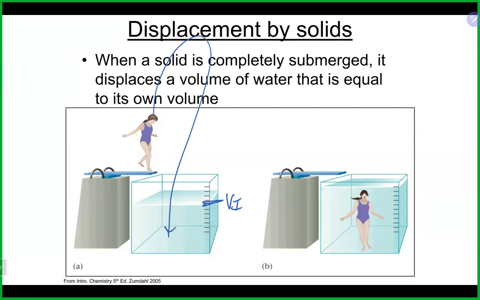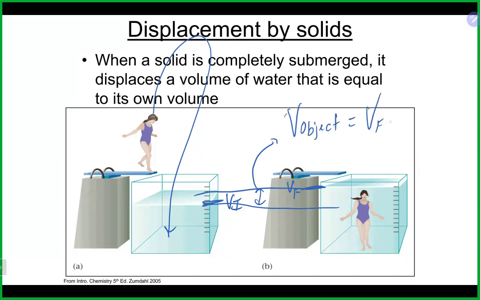And when she does, obviously the volume in that tank is going to rise to a final volume. And if we take the difference in the water level, that difference between where it started and where it ended would basically be the volume of the object, or her volume in this particular example. And that's a very common way to find a volume of a solid object.